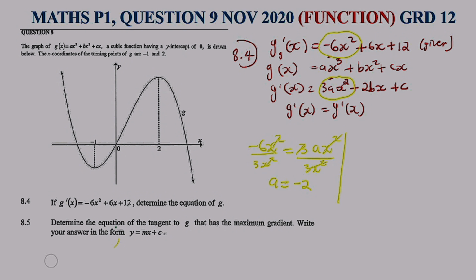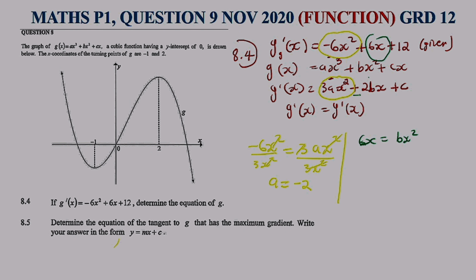Now the second term will be 6x. 6x is equal to, remember we're looking for the general equation here. Oh guys, oh my goodness. Not that, I keep circling the general formula, sorry about that.